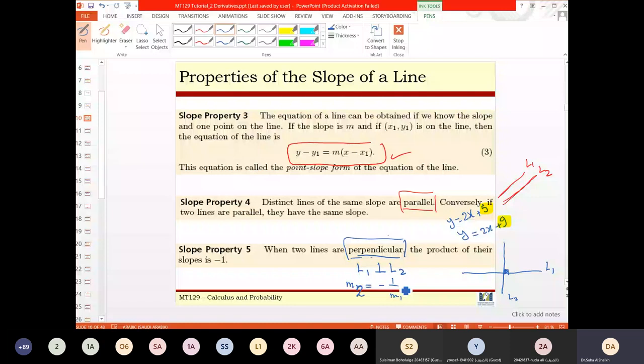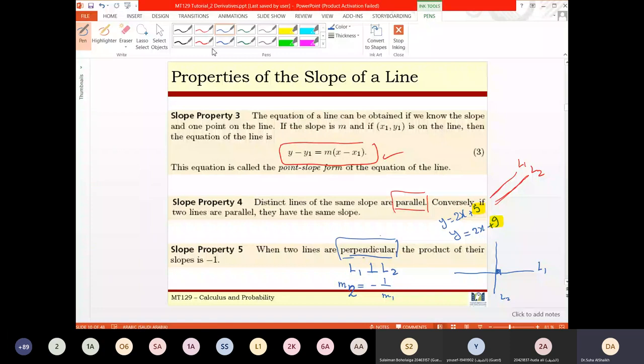Let me give you a simple example here. If you have line 1 given by y equal to 2x plus 5, then line 2, y equal to -1 over 2 x, let's say plus 7, is actually perpendicular to line 1.